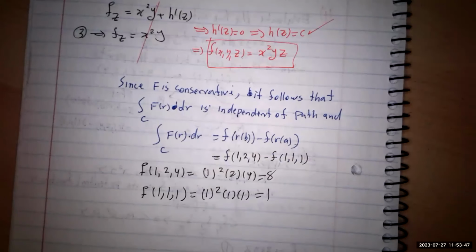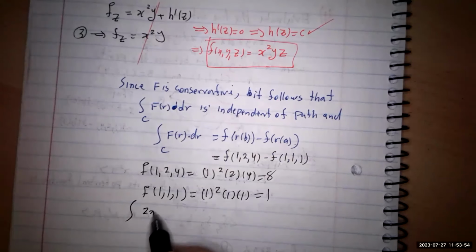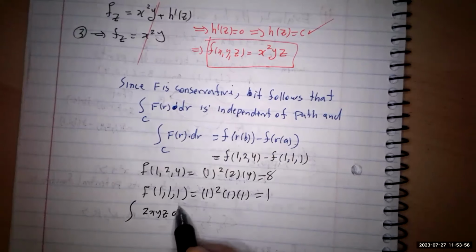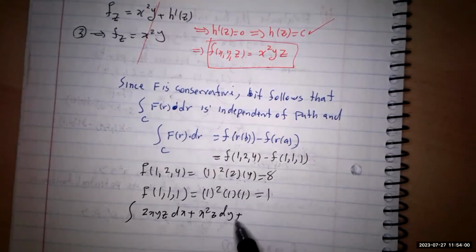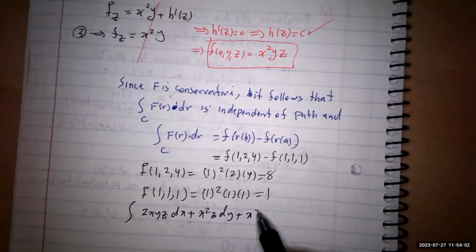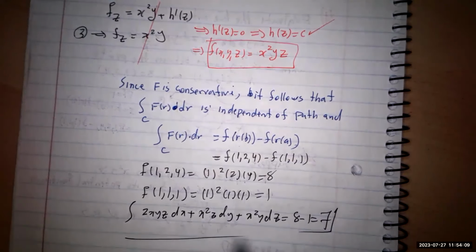So the integral in question is equal to 7. So the integral of 2xyz dx plus x squared z dy plus x squared y dz is equal to 8 minus 1, which is equal to 7.